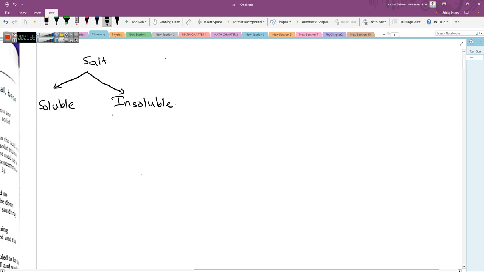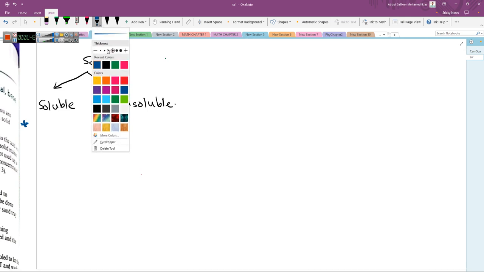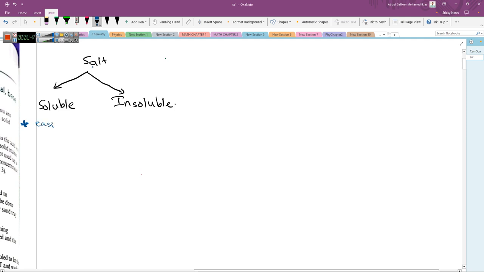Soluble salts can easily dissolve in water and form a solution. They can easily dissolve in water and form solutions, so they will not exist as solid in the solution.